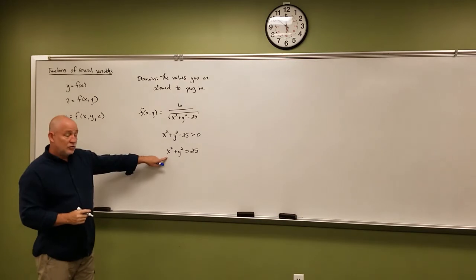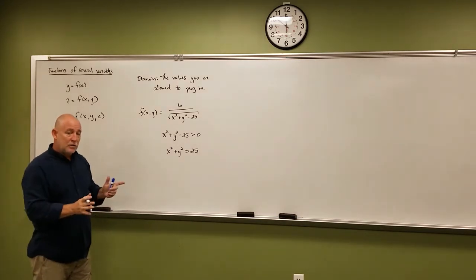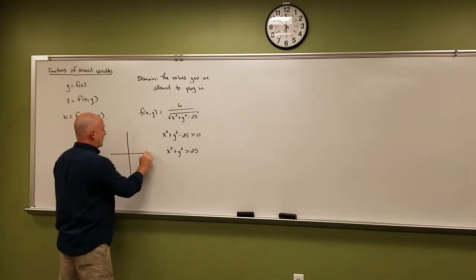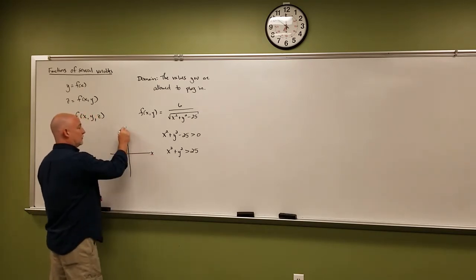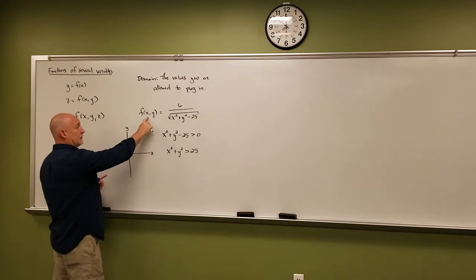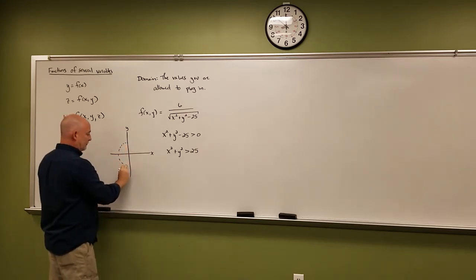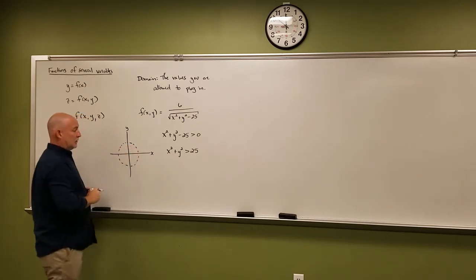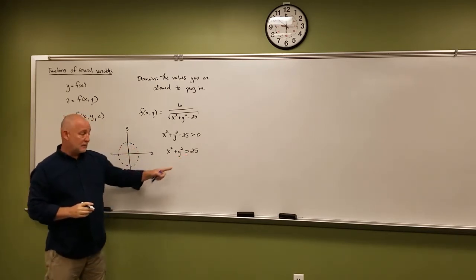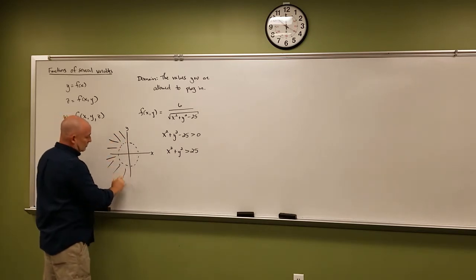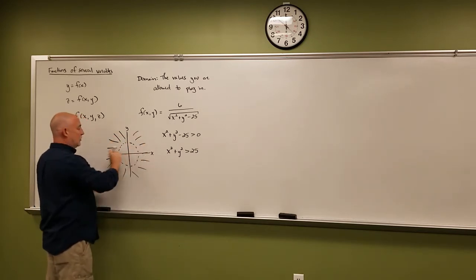Now, that's actually your domain, which is a little bit more complicated looking than what we've seen in the past. But basically what you're saying here, in the xy plane, because this is where our domain comes from now, because that's what we're plugging in, we're looking at a circle of radius 5. And we can't include the circle because it doesn't have the equal sign, so any point outside the circle would work.